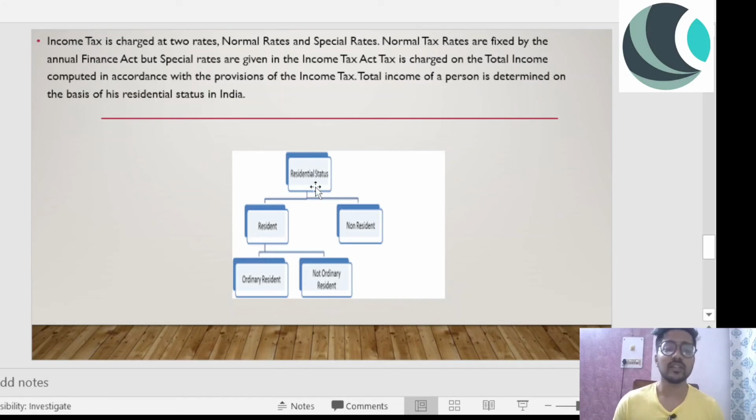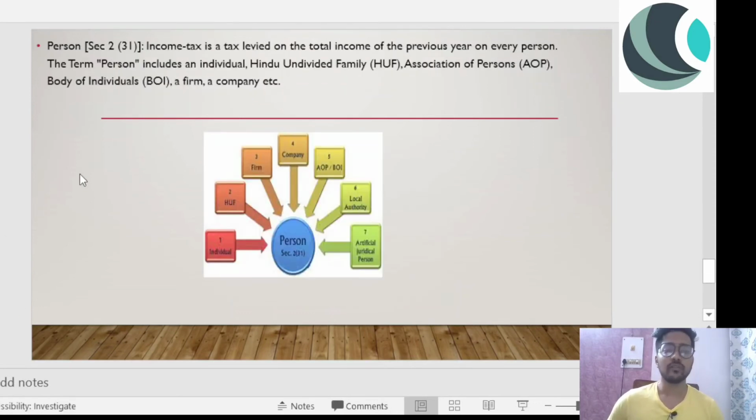Firstly, if you have to classify residential status, then one is resident and then there is non-resident, and the resident is further bifurcated into ordinary resident and non-ordinary resident. There is a number of days that has to be followed, that they have to live in the country, in our example, India. On that basis, we define resident and non-resident, and there are so many rules associated with it. I'll touch upon that in the next video because that will take a lot of time. Now moving on to the definition.